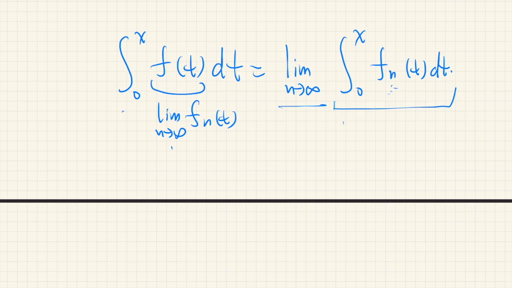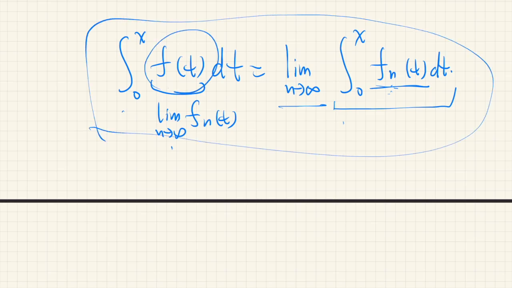And more generally, if a sequence of functions, not necessarily partial sums of a power series, but any sequence of functions, converges uniformly to some function, then we can do the same thing here. In other words, we can swap the order of integration and limit.